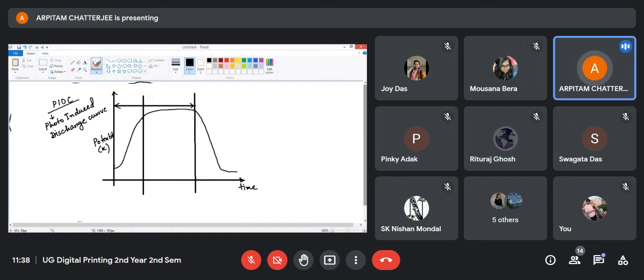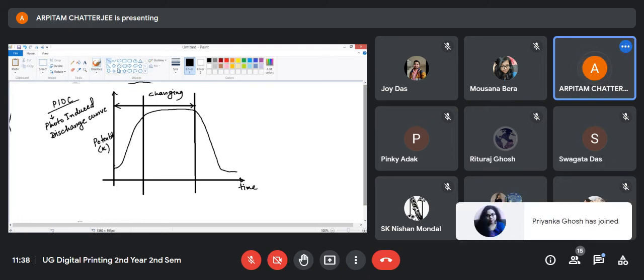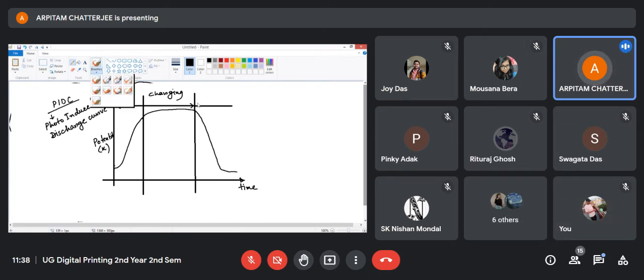This is the process of charging. After the charging process, this is the potential graph, and this is the portion which happens in the exposure stage. That means here we expose the plate to light. And this is the process of exposure.